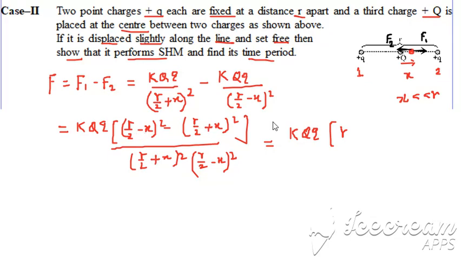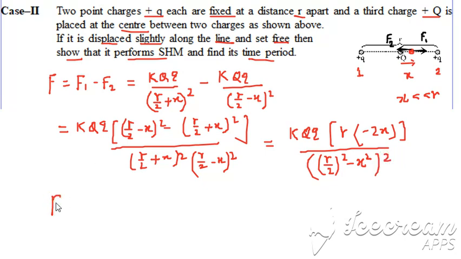For a minus b, we get minus 2x. In the denominator, a squared minus b squared, we will find the whole square remains there.